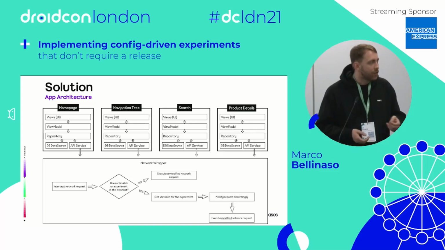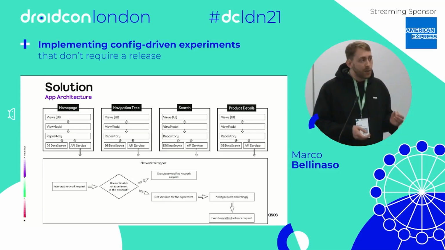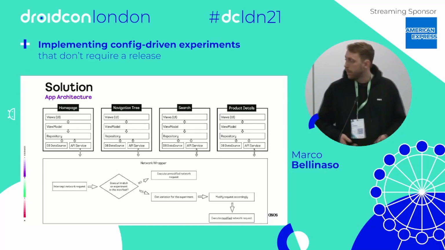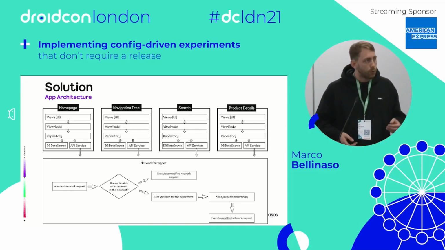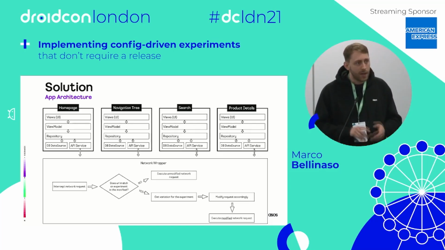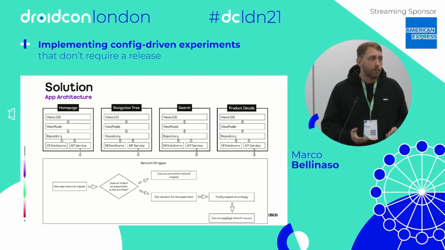If it doesn't match, then we let the network request go on its way and it's served to the user as normal. However, if we find a matching experiment for that given URL, we get the variation from the experiment from our A/B testing partner, and based on the rules that came back, we modify the request in any given way. Again, query string parameters, headers, you could even do the body of the JSON if you want, and then we fire the API request to the network.